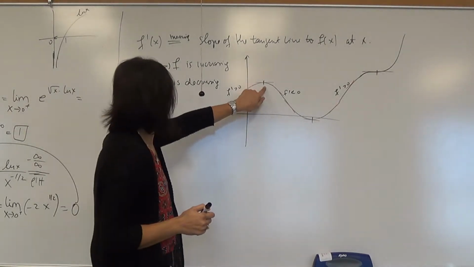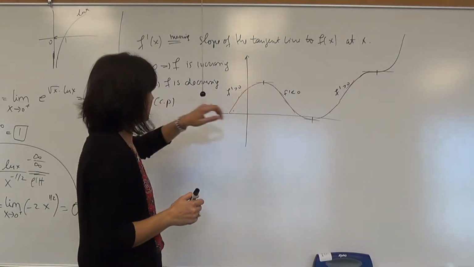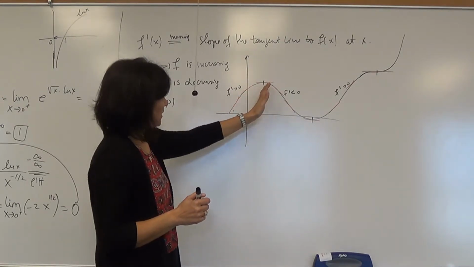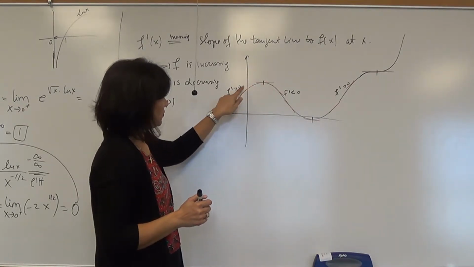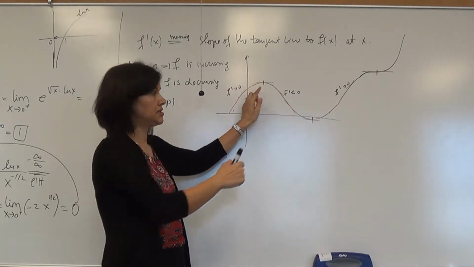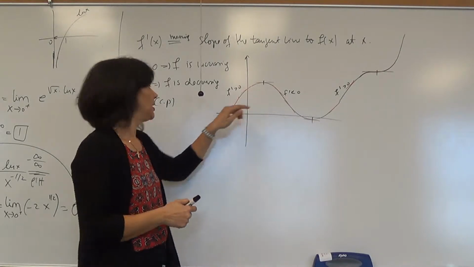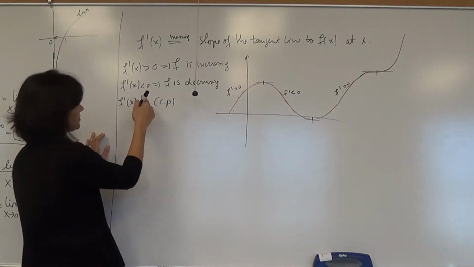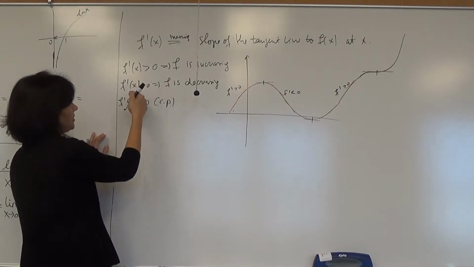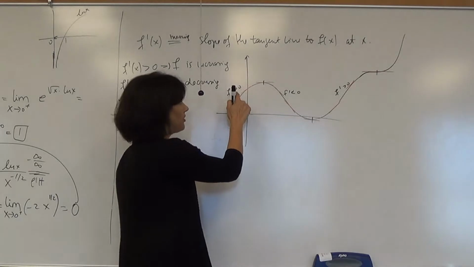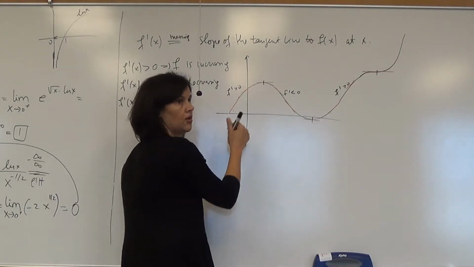But if f prime is 0, and to the left of that critical point the derivative was positive and then negative, that means you increase, get to 0 and decrease, that will be a local maximum. So after you found the critical points, look to see what is the sign of f prime to the left and right of that point. If it changes sign from positive to negative, it will be a local maximum.